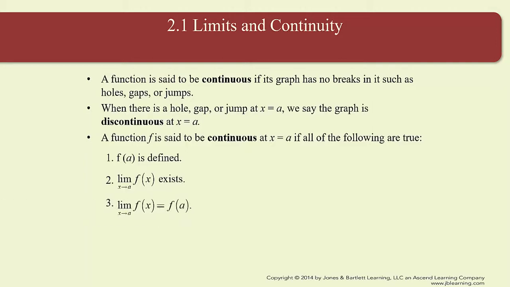And thing 3, 1 and 2 have to be equal. Mathematically, the limit as x approaches a of f of x, the result of number 2, if it exists, must equal f of a, the result of number 1, if f of a is defined. So if something is not continuous at x equals a, it has to violate one of these 3 conditions.